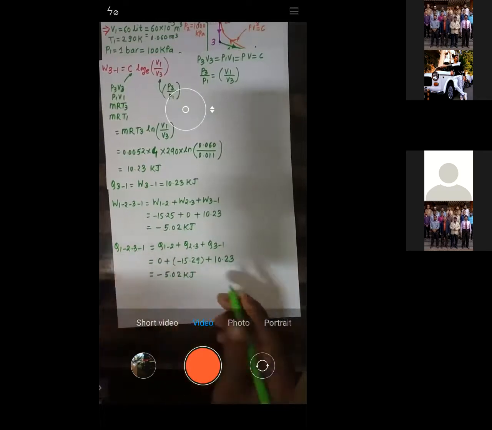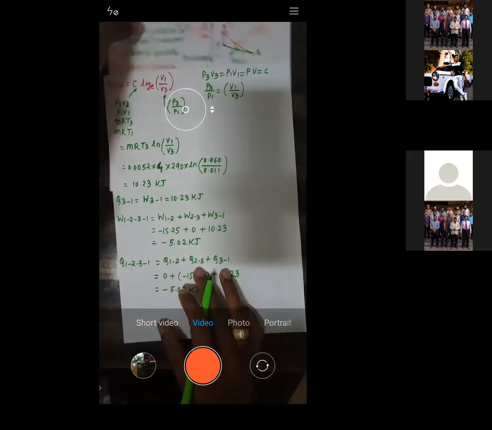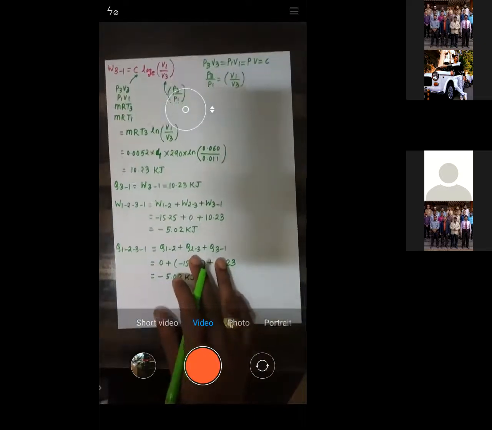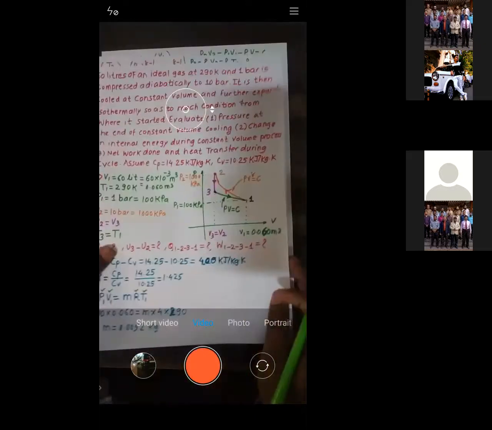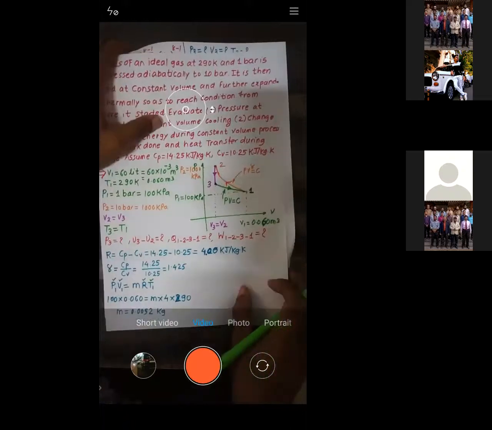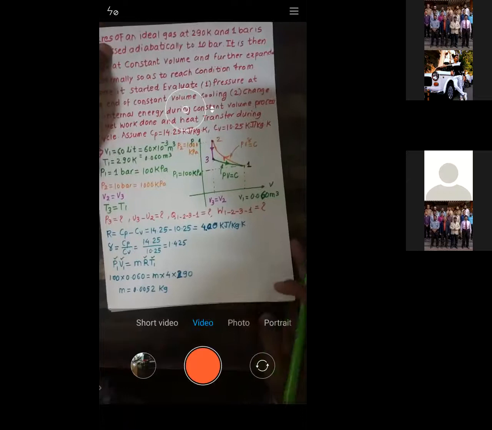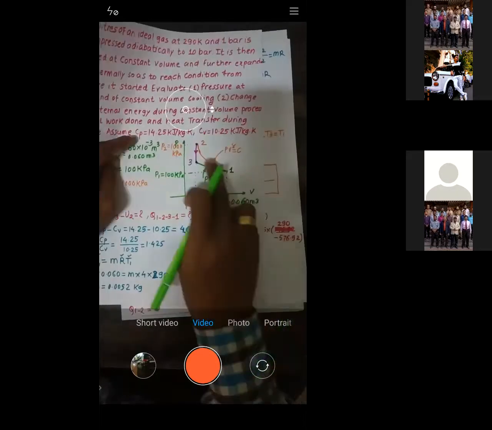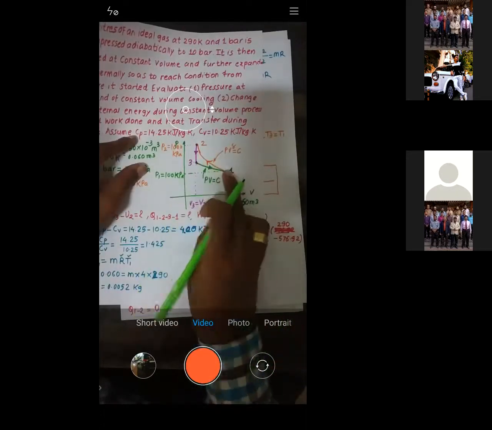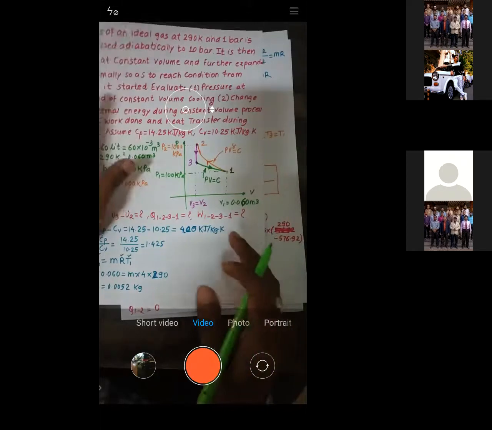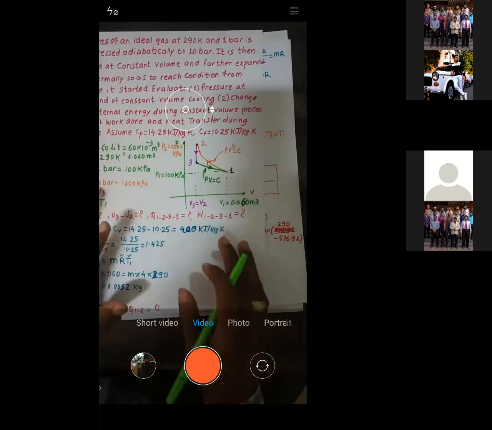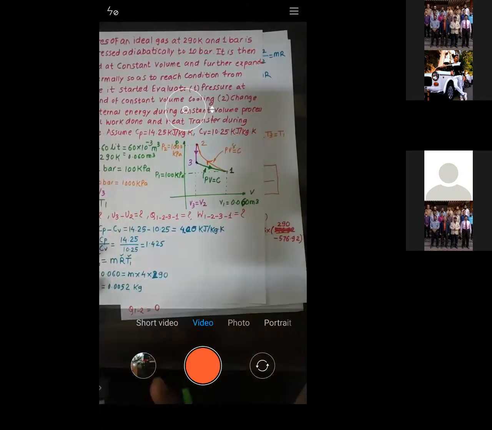Now see, everything you have solved. But how do you understand that the problem you have solved is correct? You should understand how to check it. See, it's a cycle, 1, 2, 3, 1. So for a cycle, heat transfer is equal to work transfer. That is what the first law says.